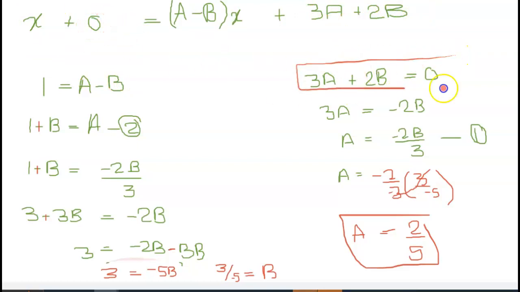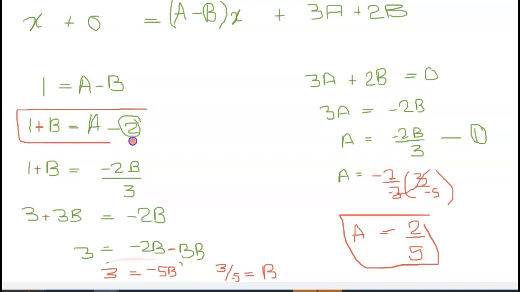When I match the coefficients, that will give me A equals 1 plus B, and that's one of the equations I have. I'm going to call this one equation 2. Then I have another equation here. I move the 2B to the other side, so 3A is equal to minus 2B.